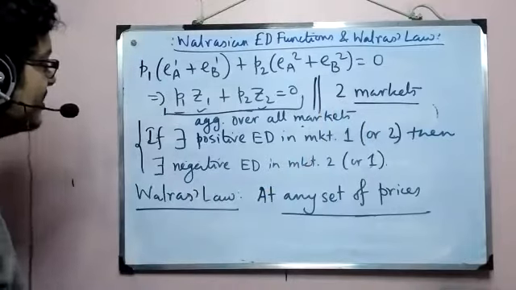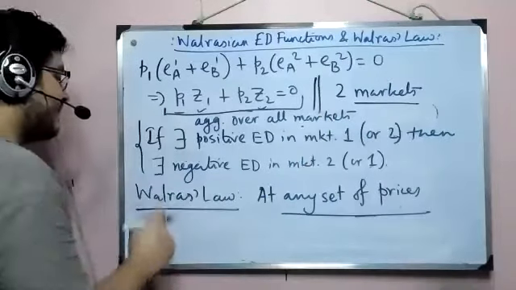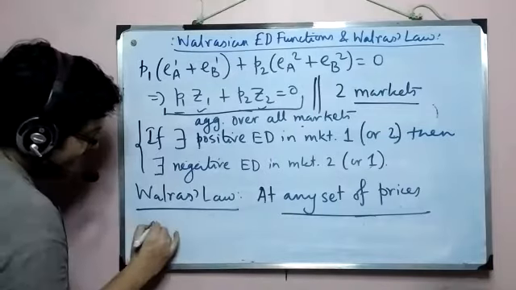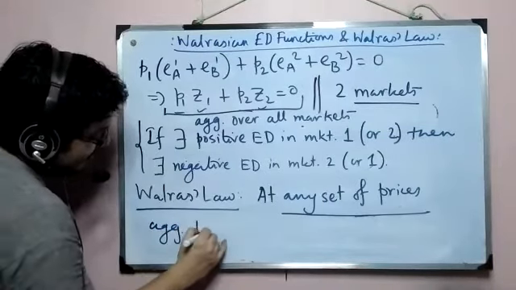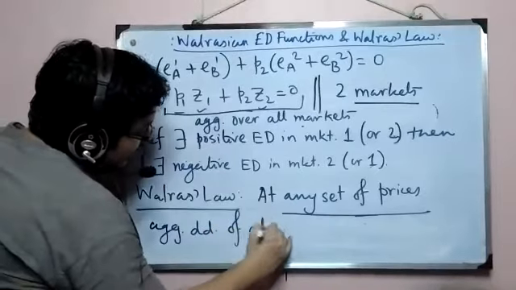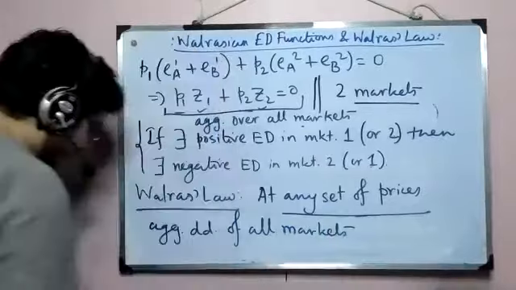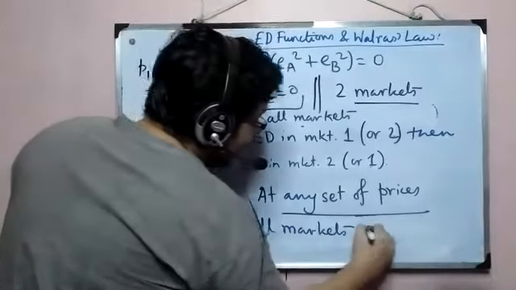So that's what Walras law says, that at any set of prices, aggregate excess demand of all markets is 0.